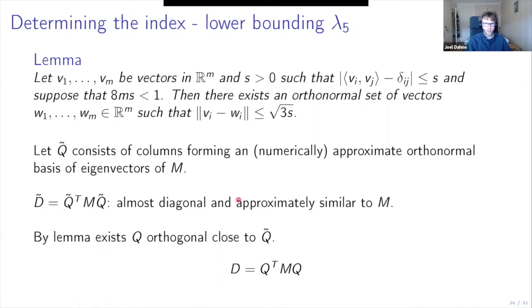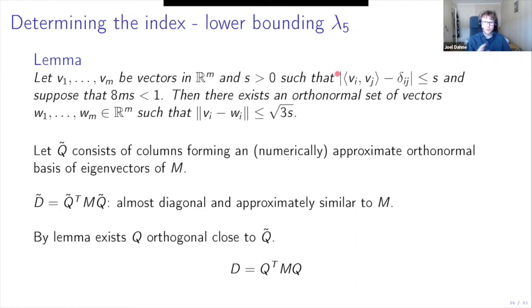To handle this approximate similarity, we need something which is exactly similar. This is what we use this lemma for. It says that if we have a number of vectors in R^m, and there is some s greater than 0 so that this inequality holds, then, if they are exactly orthonormal, s would be 0 and all of these would be exactly equal to 0.